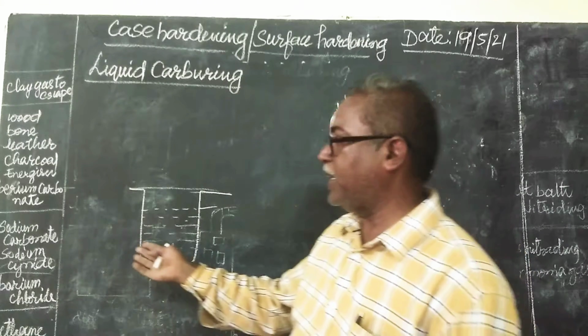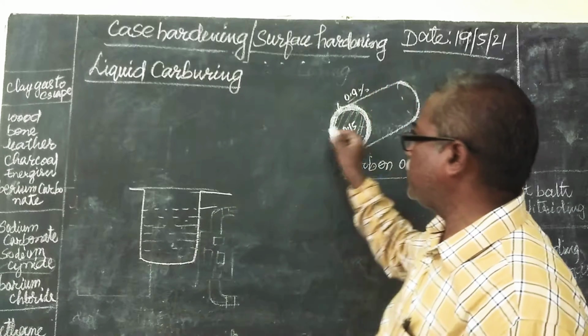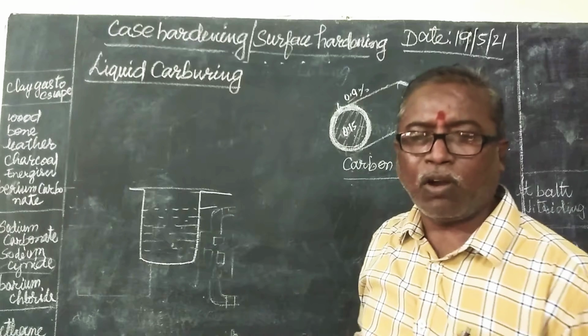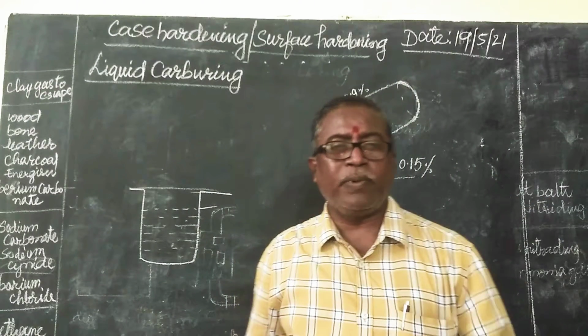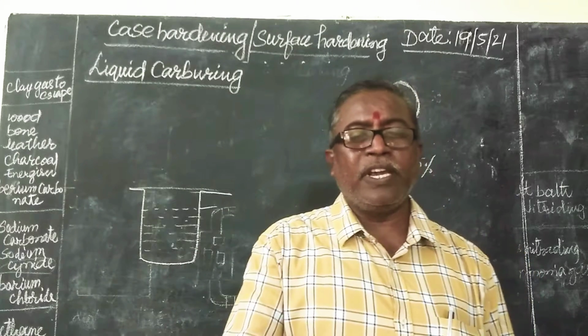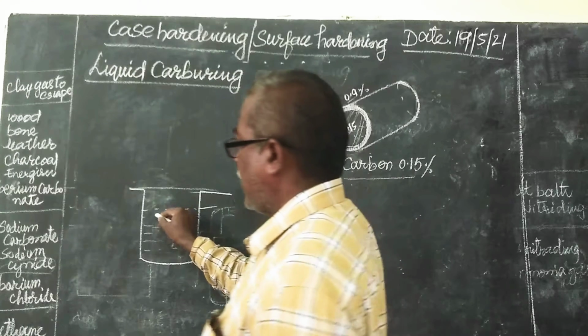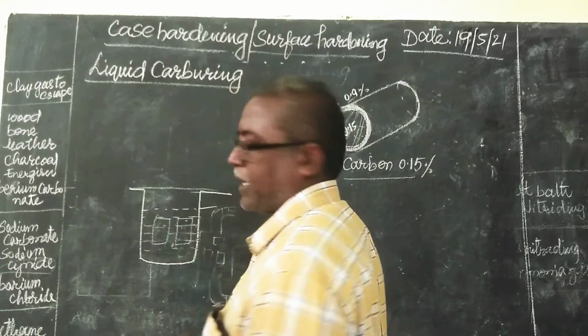Then that is heated. The material which we are taking is 0.15% carbon or mild steel, any mild steel job. We take that job, put it into this and heat it continuously.